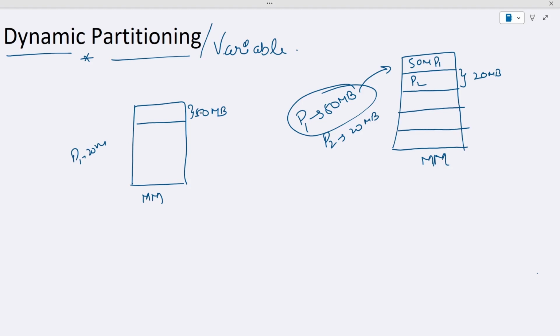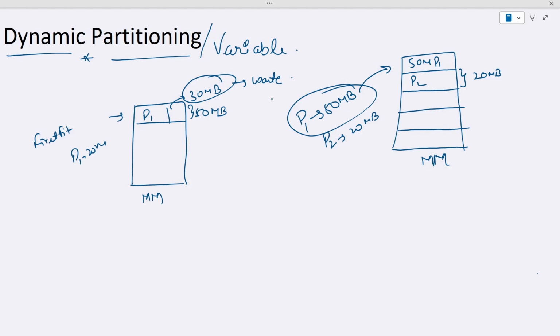If there is only one process P1, and first fit is used, then definitely P1 comes into that particular block. Because P1 only needs 20 MB, the extra 30 MB of space is wasted, and that wastage of space is called internal fragmentation.